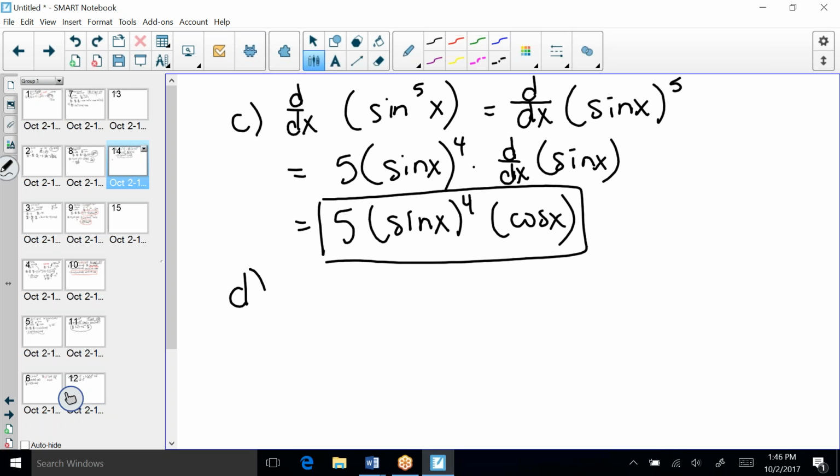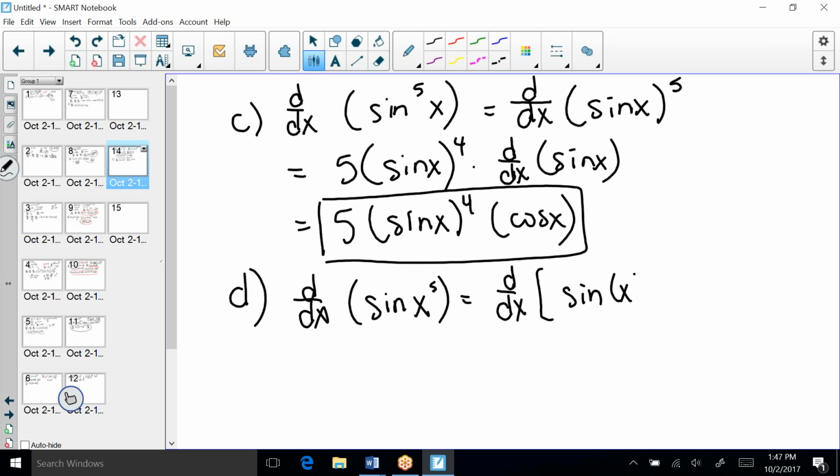And then what I want you to see is that this is different than if I asked this question. If I asked you to find the derivative of the sine of x to the fifth power, that's going to be a different problem, because what this means is we're looking at the derivative of the sine of x to the fifth power.